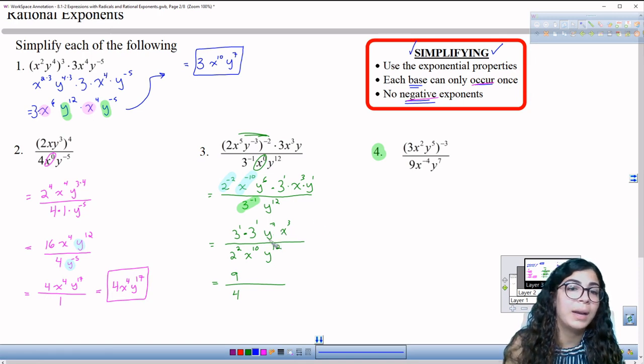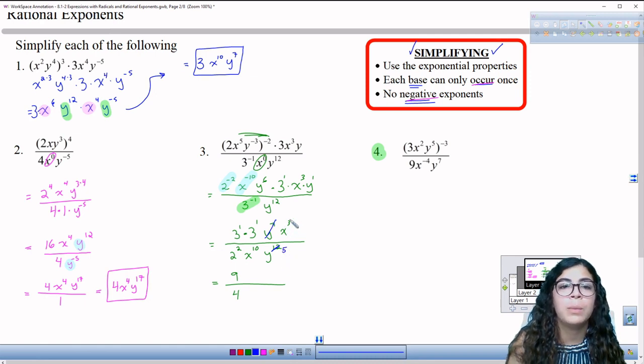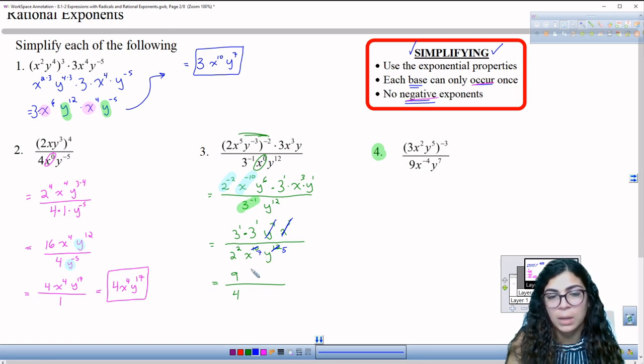But what I like to do when I have multiple bases, another tip that you could use, is canceling out the copies. So you have 7 copies of y in the numerator that can cancel with 7 copies in the denominator, which will give you a total of 5 copies in the denominator. Then we have 3 copies of x in the numerator, which would cancel out with 3 copies of x in the denominator, leaving 7 copies of x in the denominator.